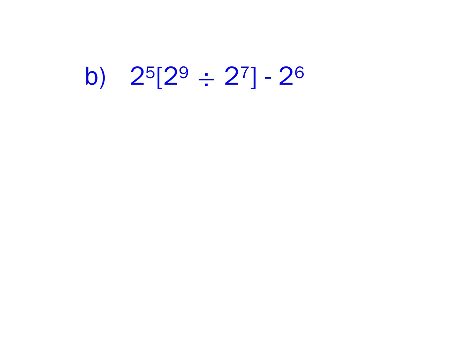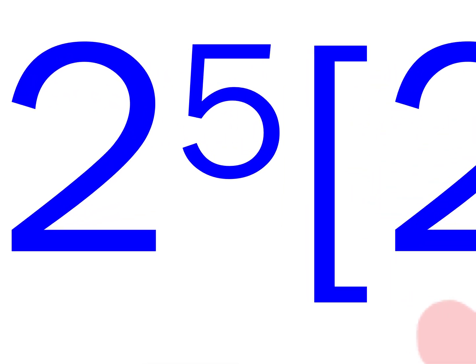Now, with this question, because there's brackets, we're going to do this first. What's the operation inside the brackets? So we do what with the exponents? Right. So it's going to be, just a second here. There's no operation between this and this. So think of there as a multiplication symbol.